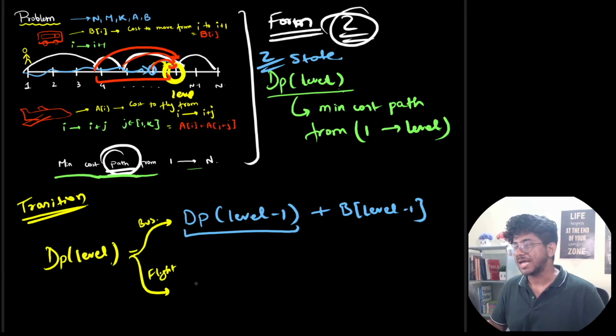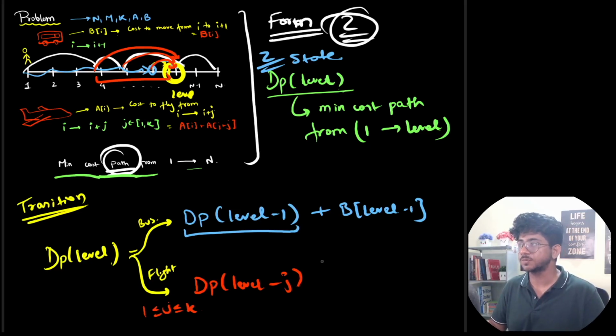So I can come from dp of level -j, where j is going to range from 1 to k, right? From all these things, I can come to this particular state, plus I'm going to fly out from this particular city. So a of that city is going to get added, okay?